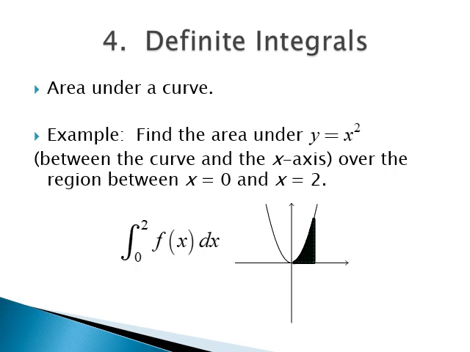For example, I want you to find the area under the parabola y equals x squared between the curve and the x-axis, starting from x equals 0 and going to x equals 2. Well, not really sure how to find the area under a curve right now, but we're going to see this is actually going to follow from the formula for area of a rectangle that you learned about in geometry, just with some enhancements to it that will let us find the area under any sort of curve.